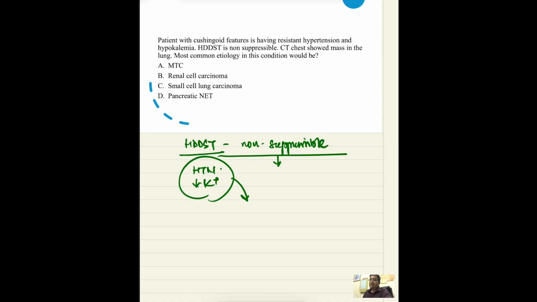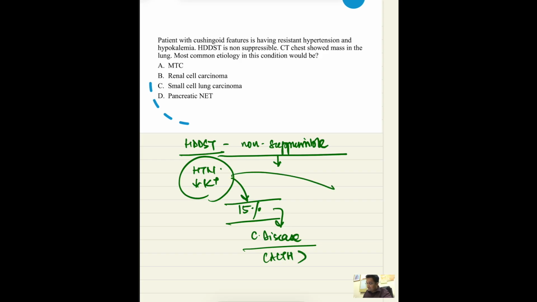So the first clue is the clinical clue. Hypertension and low potassium levels, that is hypokalemia, are seen only in 15% of the cases of Cushing's disease or ACTH dependent causes, while this is seen in almost 90 to 95% of cases of ectopic ACTH producing Cushing's syndrome.